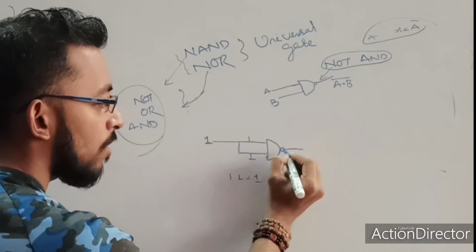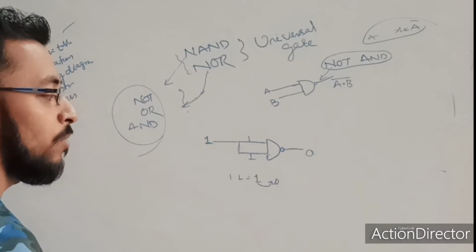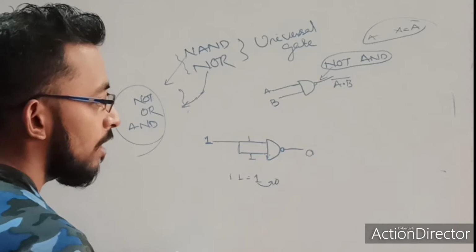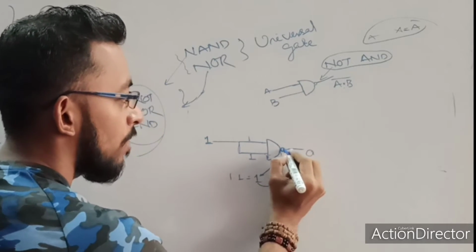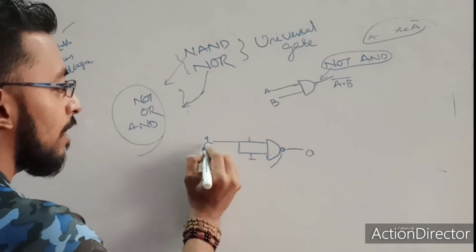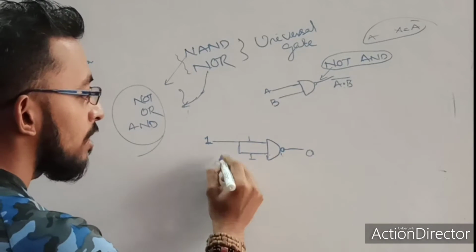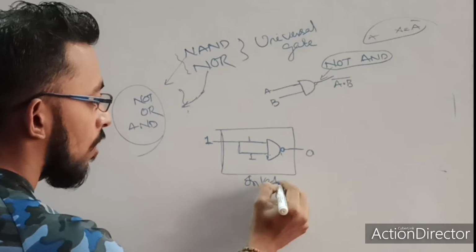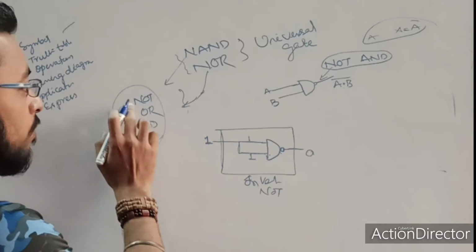Since I applied a NOT, it will convert my 1 into 0. Here I am getting a value 1 at this point, and after applying this bubble I am getting an output 0. So now you can see I am applying a 1 to this NAND gate and getting a 0, meaning it is performing the same function as an inverter or NOT function. This NAND gate can be used to form the NOT function.